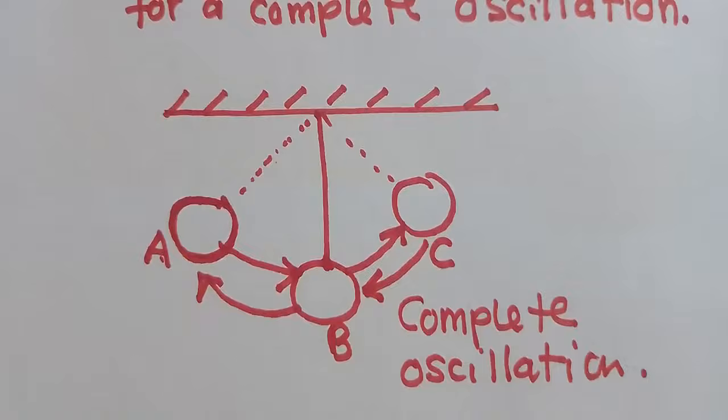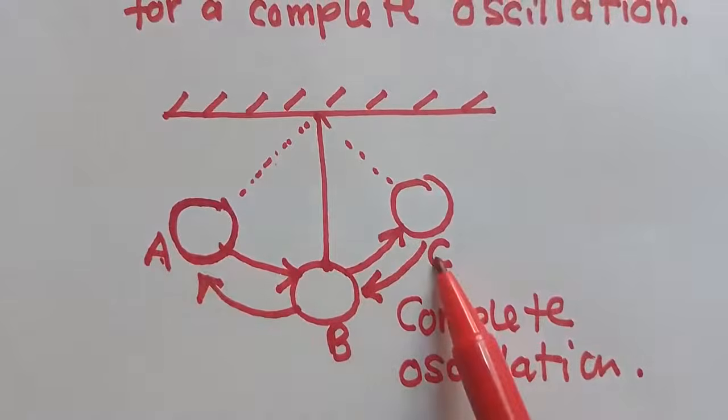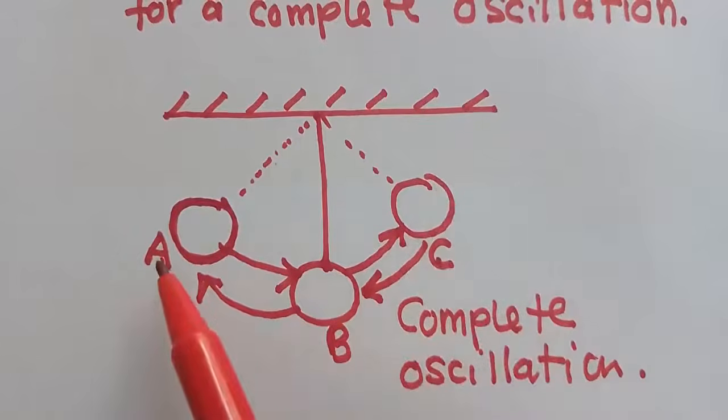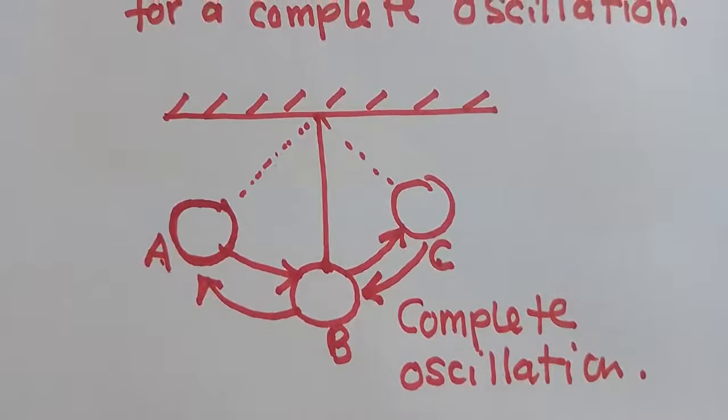So period is the time taken for a complete oscillation, when it moves from A to C and back to A. So it moves like this, then comes back to where it started from. That is a complete oscillation, which we are calling period.